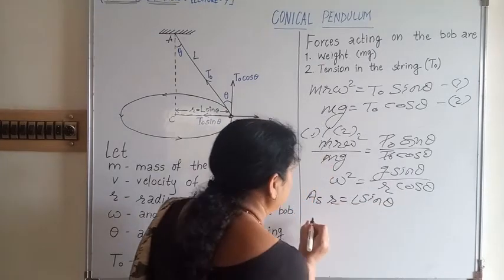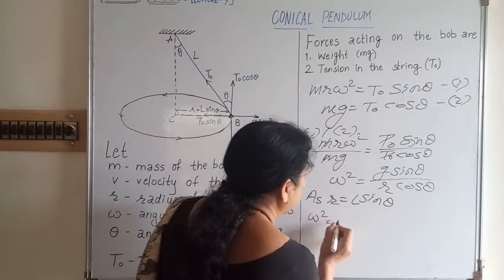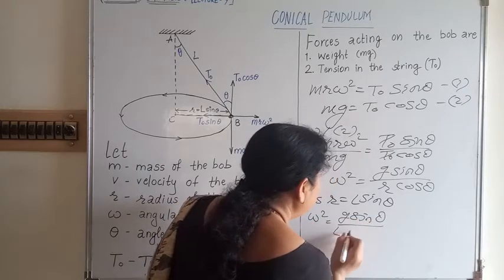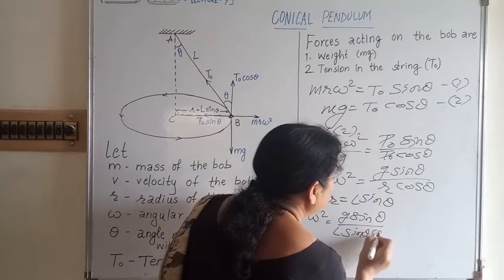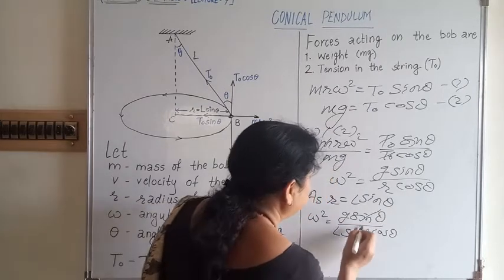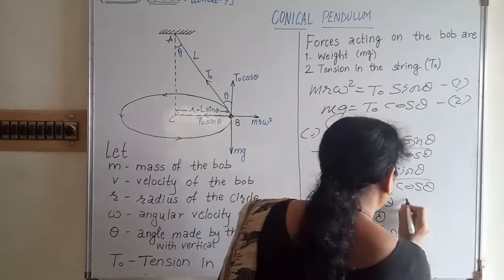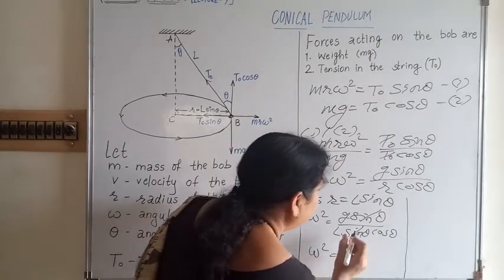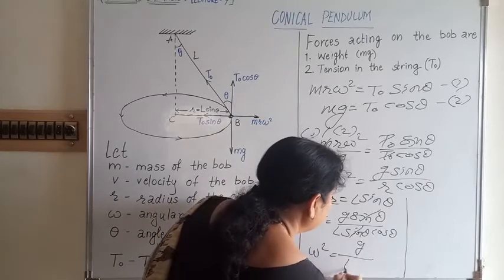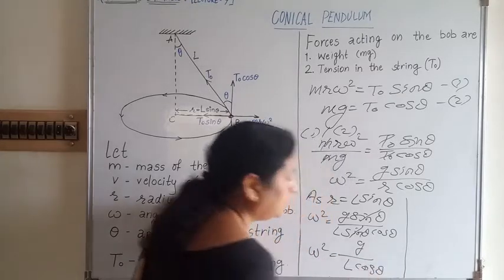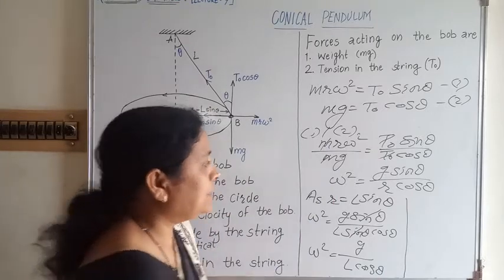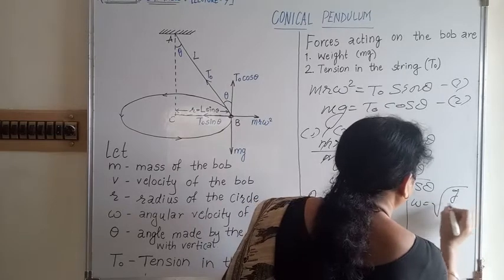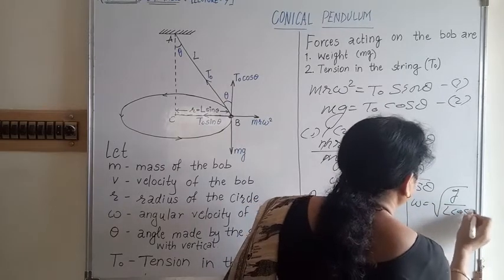I put that value here. We get omega square is equal to g into sin theta upon L sin theta into cos theta. Sin theta gets cancelled, and we get omega square is equal to g upon L cos theta. That's why I can say omega is equal to under root of g upon L cos theta.